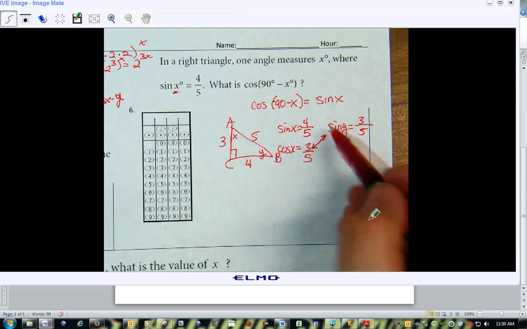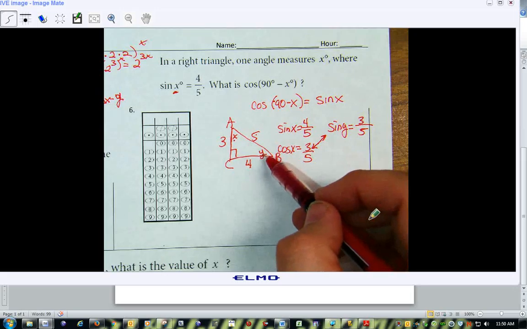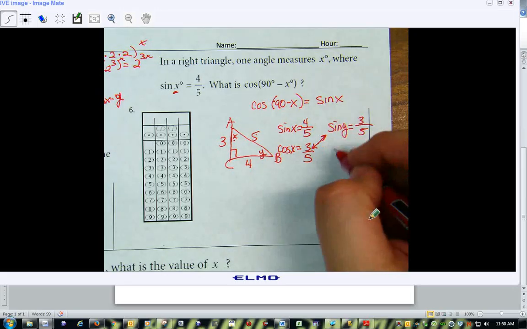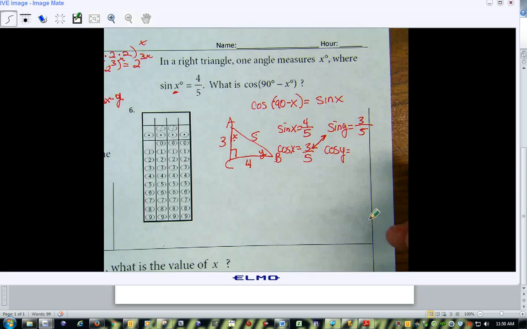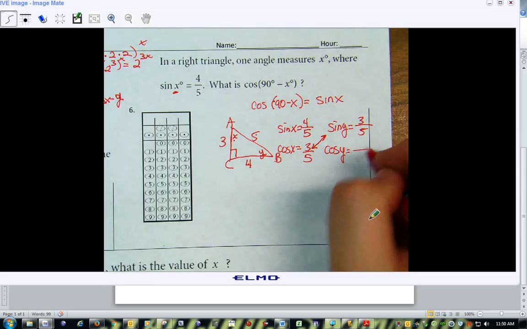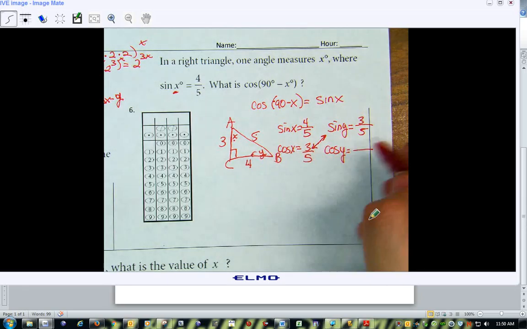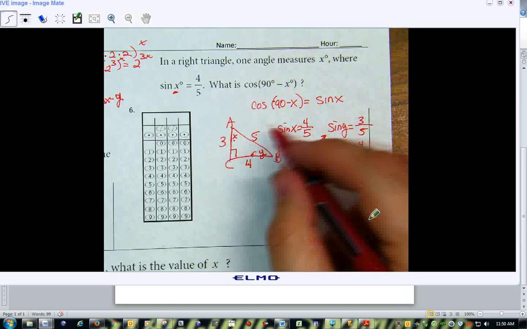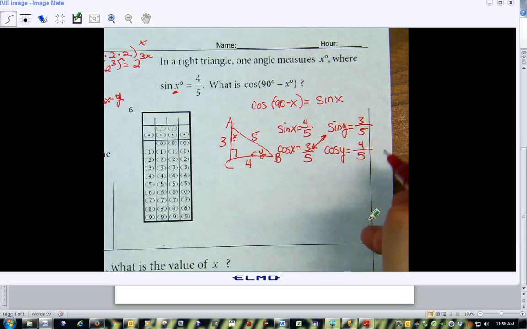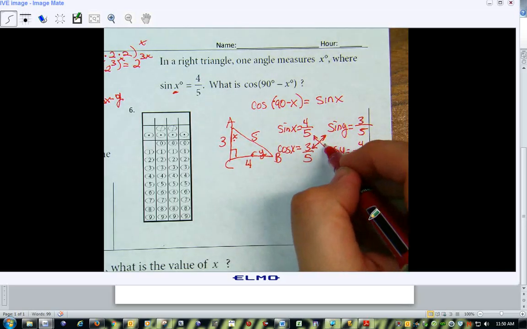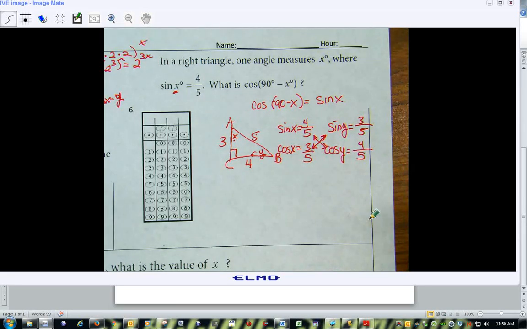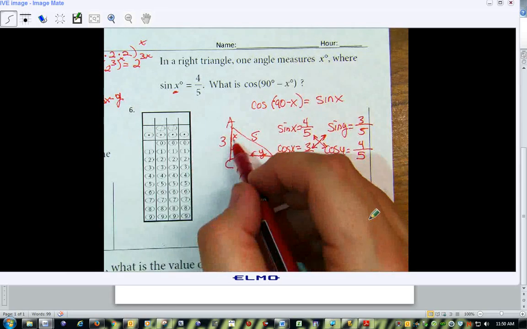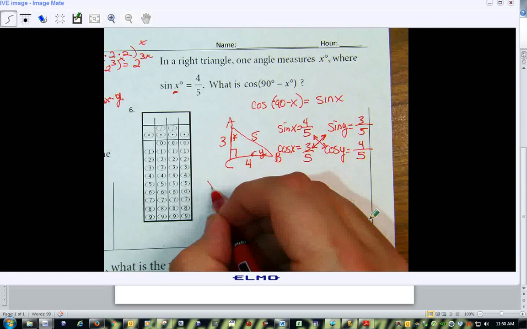What's the cosine of y? It's the adjacent side, which is 4 divided by 5. And now, x plus y has to be equal to 90 degrees, because you're in a right triangle.